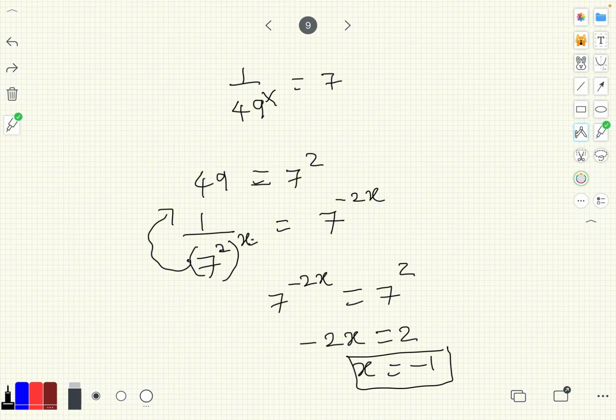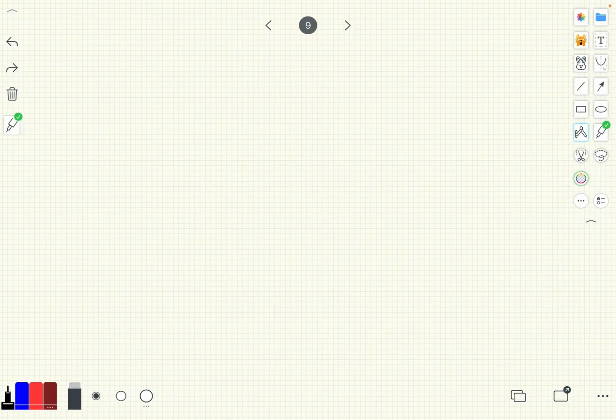So now let's see another example, which is 25 to the x is equal to 1 over 125. In this question, again the idea is we're going to rewrite both in the same base.